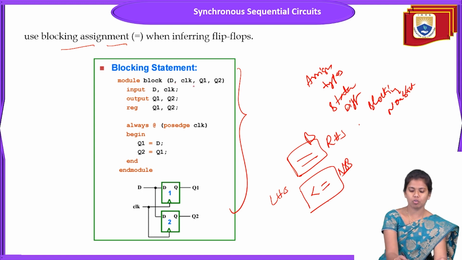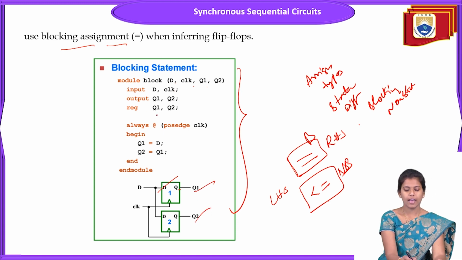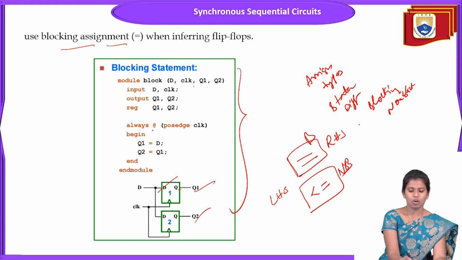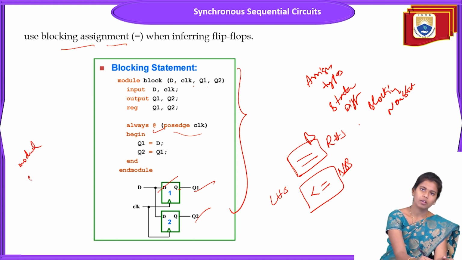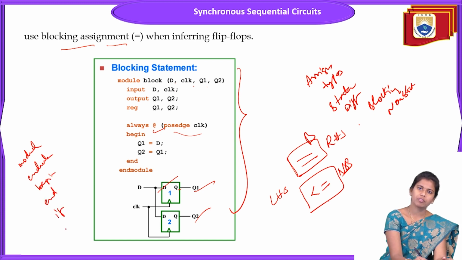For the D flip-flop, we have the clock signal, outputs Q1 and Q2, and input D. So D is the input and Q1 and Q2 are outputs, declared as registers. Always @(posedge clock) begin. Here we have begin, initial, else, if, end, and endmodule.